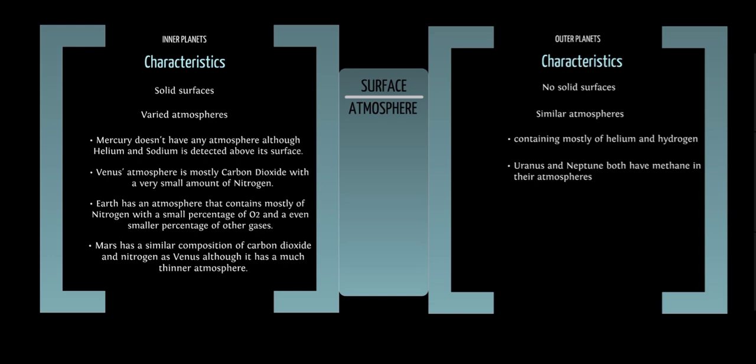In outer planets, Uranus and Neptune both have methane in their atmosphere. That is the difference between inner and outer planets when it comes to surface and atmosphere.